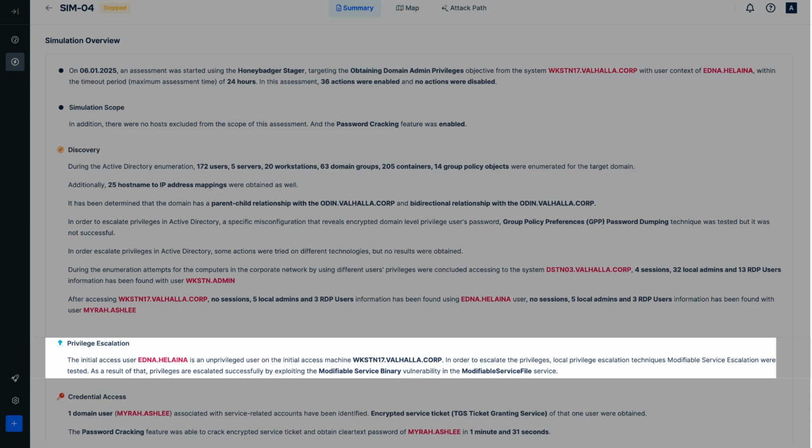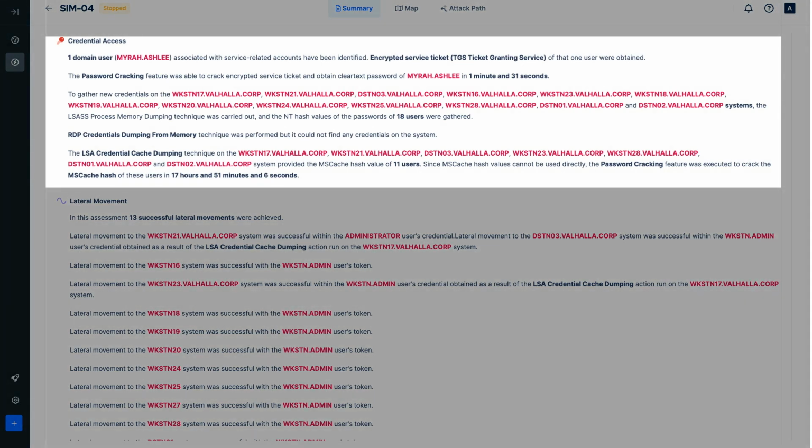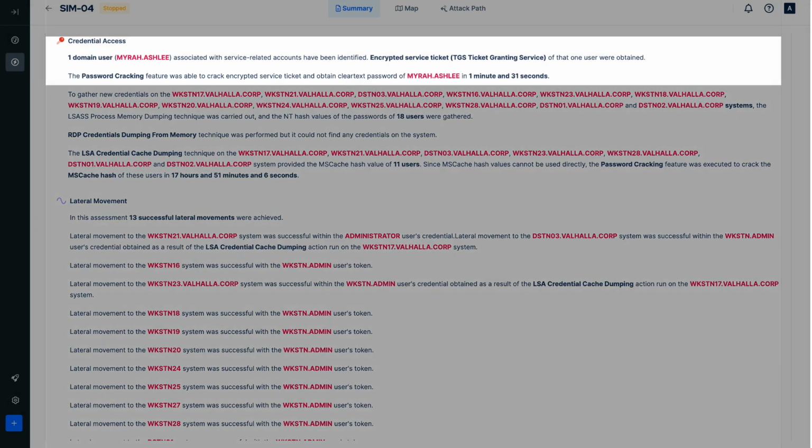In the Credential Access section, Picus APV provides information about credentials harvested during the assessment. In this example, the user named Myra Ashley was identified as a Kerberoastable user, and Picus APV employed Kerberoasting and password cracking techniques to extract the user's credentials. After a minute and a half, Picus APV successfully obtained Myra Ashley's clear text password.